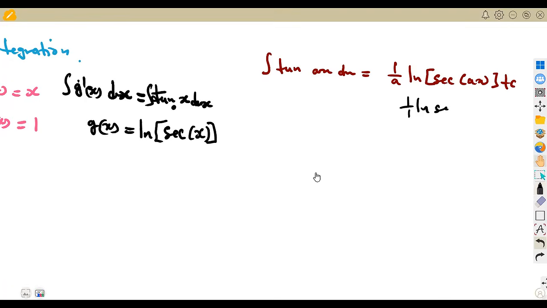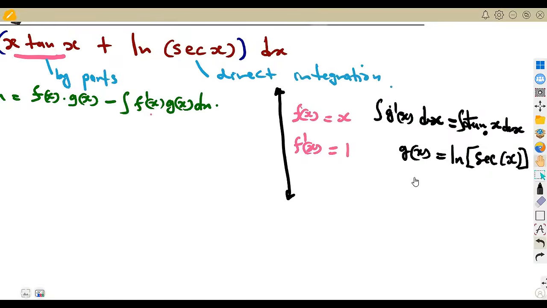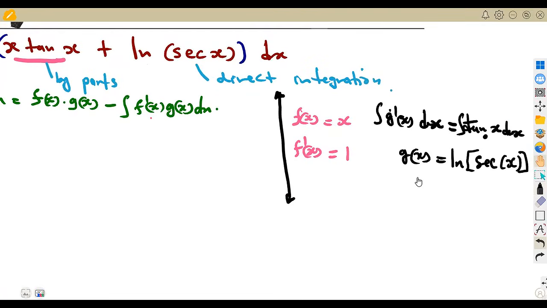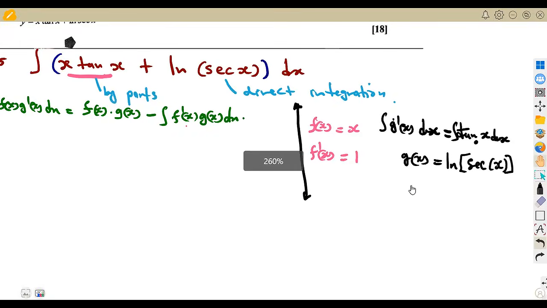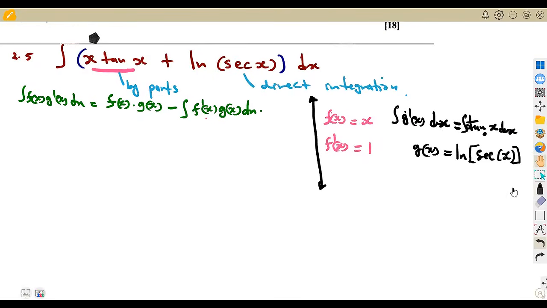Now with this g of x, I want us to be very careful. Let us get back to the formula, because we know that from our by parts, we are supposed to substitute into the formula. The by parts is taking control of the first part, x tan x with respect to x.